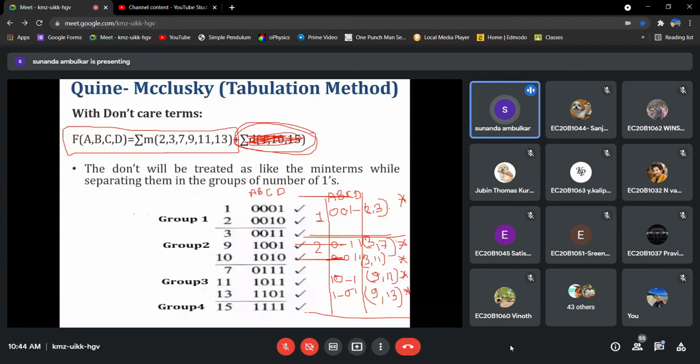It has not been checked because it is not possible that only one variable is changing here. We see 2 3 with 3 11, which also has not been checked. So no term has been checked with group n with group n plus 1. This is the fundamental principle: we have to compare n with n plus 1, and n is here 1 and n plus 1 is 2. Only two groups are here, so only one possibility is here.